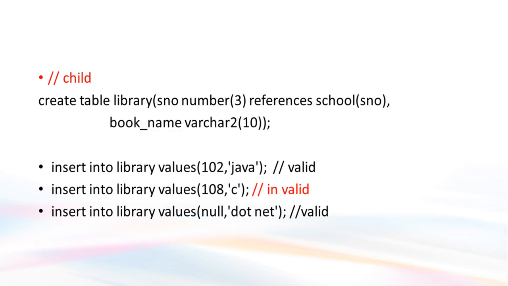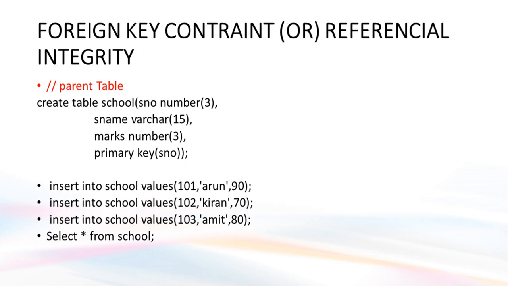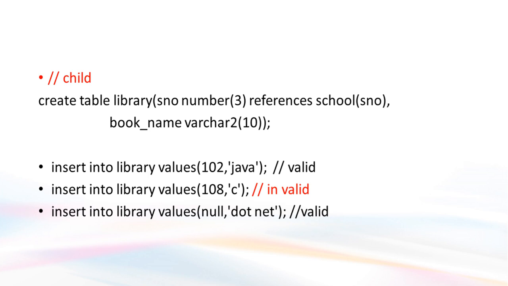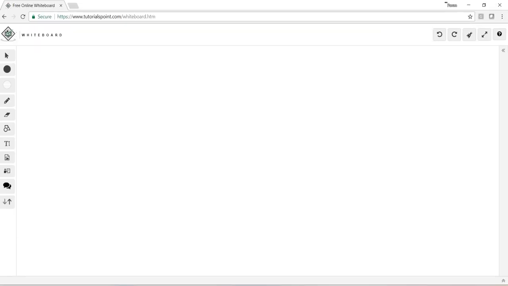Let me give you the context. Okay, so here I have a parent table. The parent table has S number. Apart from this S number, there are n number of columns.